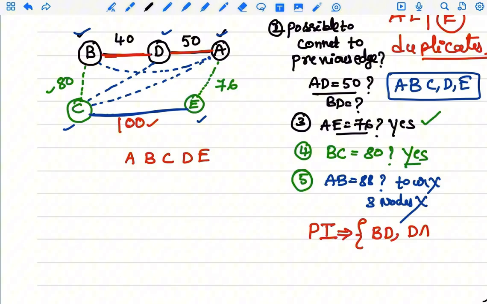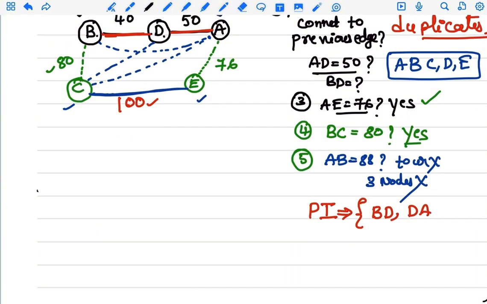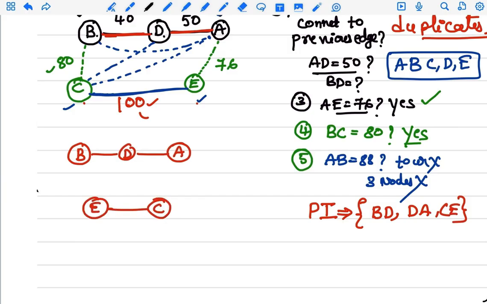This also has a small distance. Then B, D, A are permanent edges. CE is also a permanent edge. If we change it to EC, this is also a permanent edge. So 2 tours are possible. This is tour 1, this is tour 2.